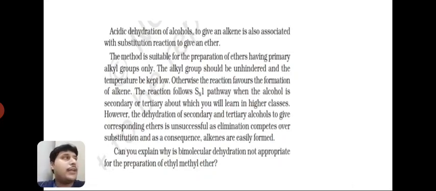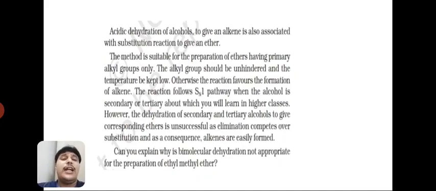We have already seen that particular area. If the temperature changes, it changes to alkene. Otherwise, the reaction favors the formation of alkene. The reaction follows the SN1 pathway when the alcohol is secondary or tertiary, about which you will learn in higher classes. So that discussion is not needed here actually.